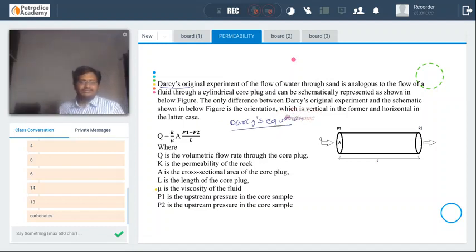Do remember it. Every variable in this case you can assume to be in CGS units.